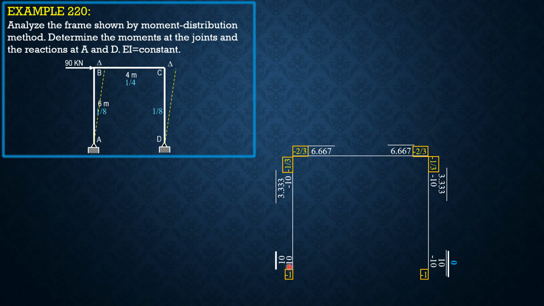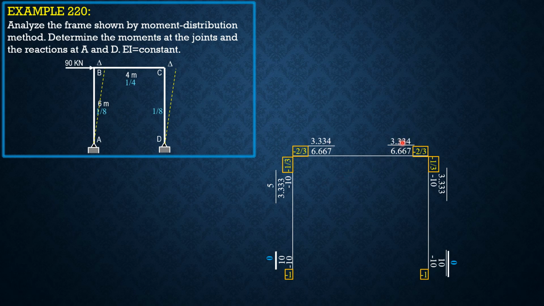Carry over, so half of 10 is 5. So the final moment at A is 0. 5 there. So there's no need to carry over half of 3.33 here because this is already finalized. Half of 6.667 is 3.334.